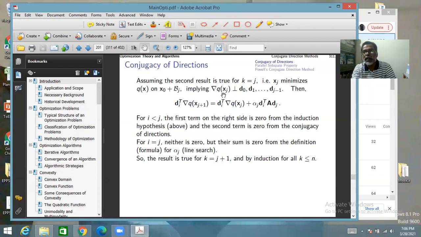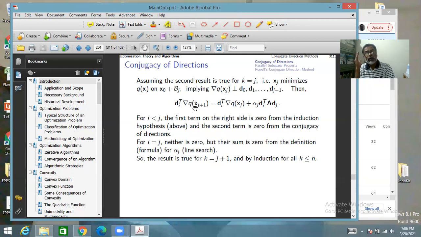And the way the induction argument goes, based on that, you can say that it is true for all k up to n. Because after n, this gradient will become 0 and the method will stop and we have no issue to proceed. So this is the advantage of conjugacy of directions.